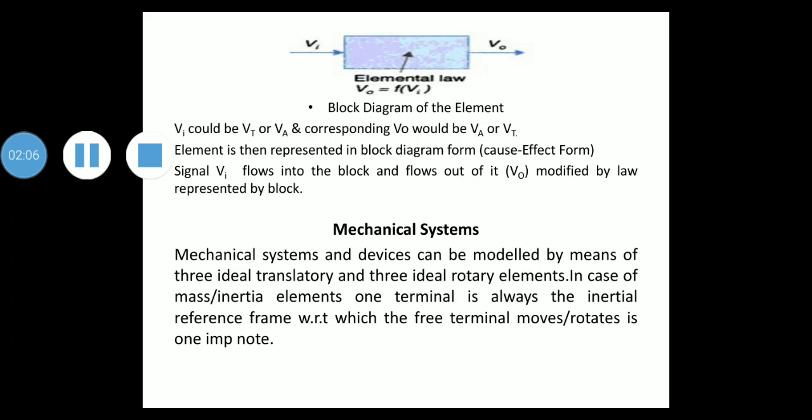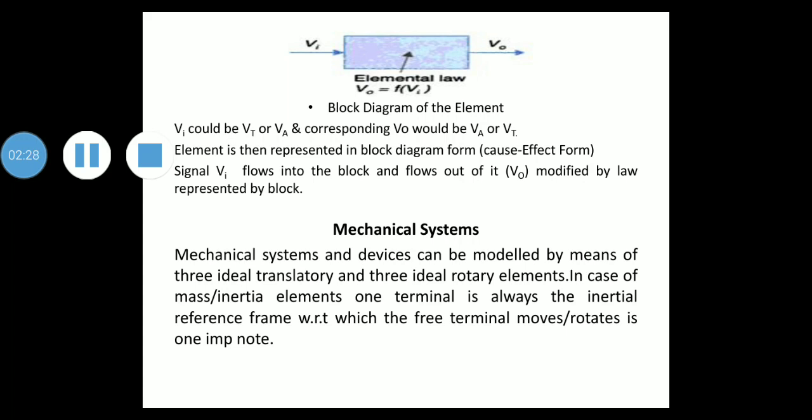The diagram of that element has been shown here: Vi, V0 and the elemental law, which is placed inside the block. So that input variable Vi could be either Vt or Va, and the corresponding V0 would be Va or Vt.